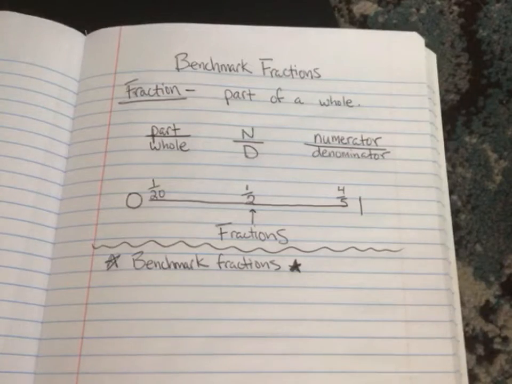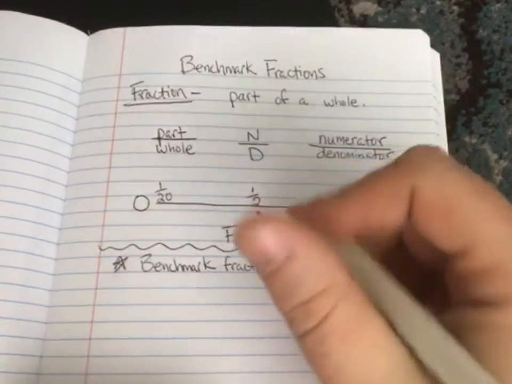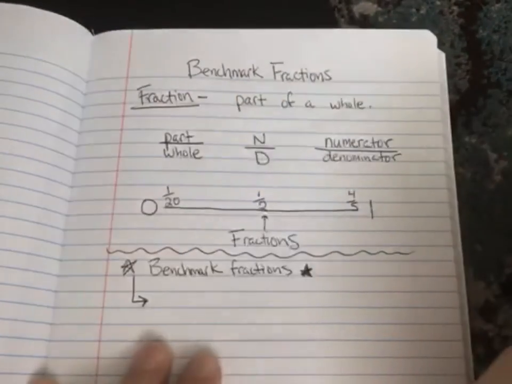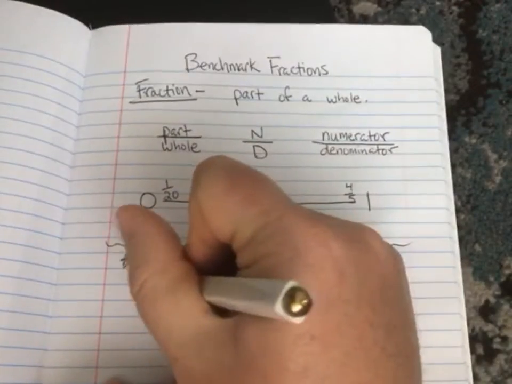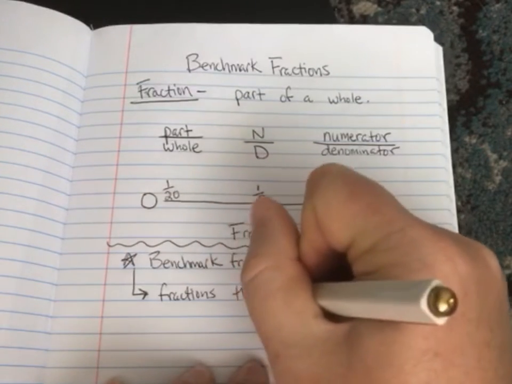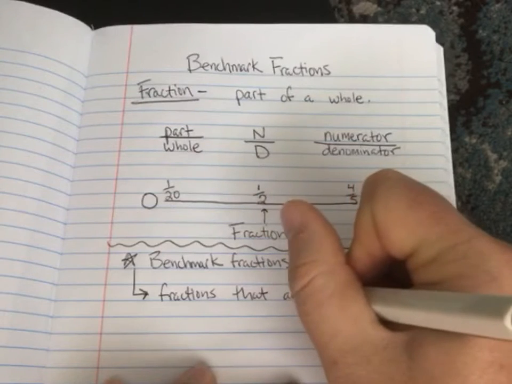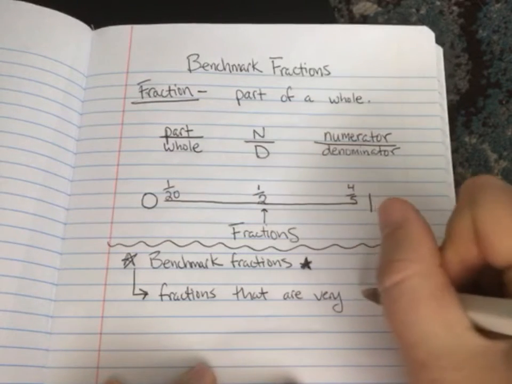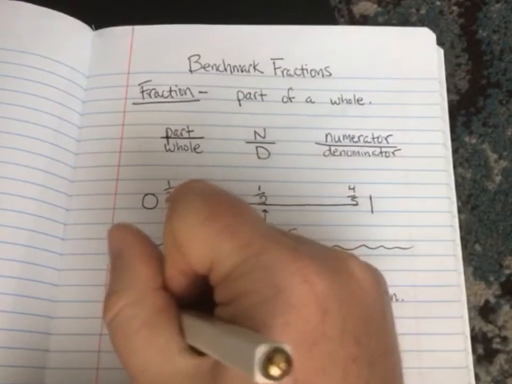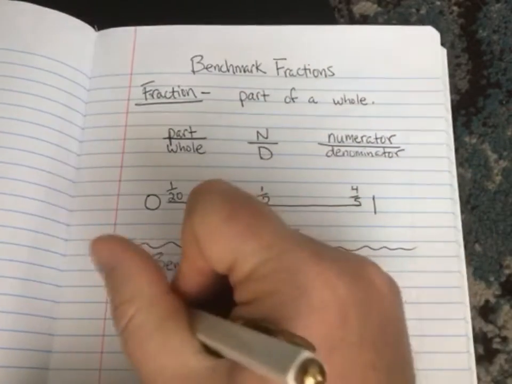Okay, so benchmark fractions. I'm going to draw an arrow down and write something real quick and easy. These are fractions that are very common. They are easy to use.